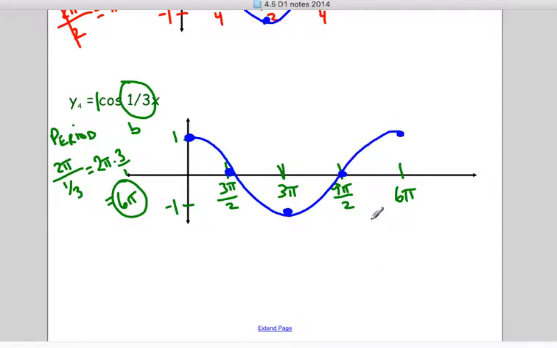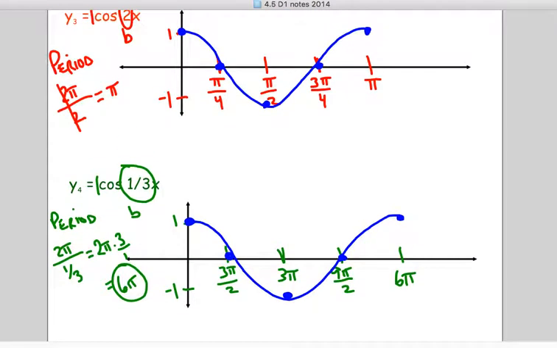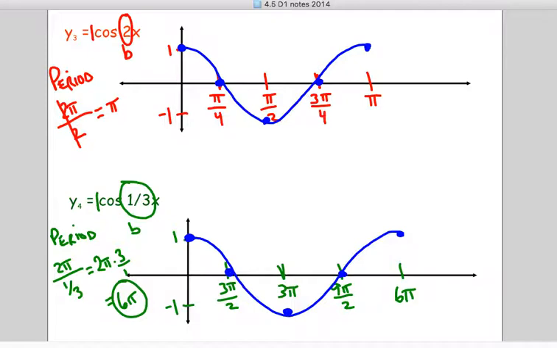So hopefully what you're noticing is these graphs look the same, don't they? Just the blue part of the picture looks the same. But the most crucial part is how you label. The labeling of the x-axis is what makes these completely different. So labeling is an absolute must.